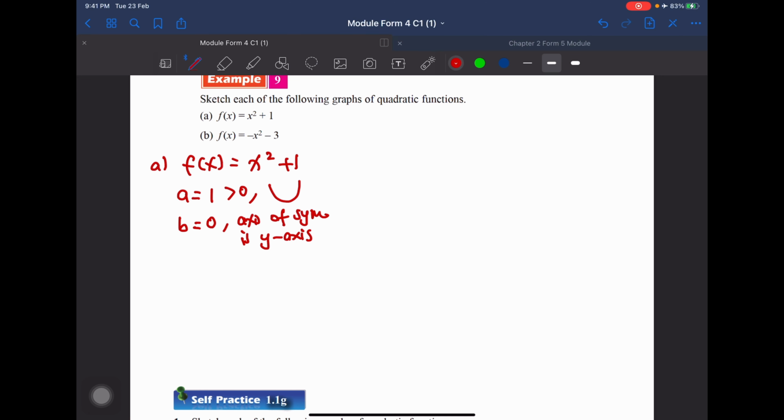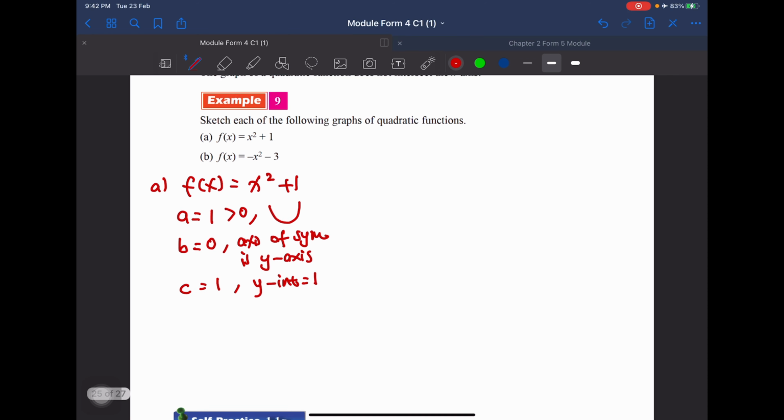Then kita tengok c. c is equal to 1, so the y-intercept is equal to 1. So ini memberi maksud the minimum point, because dia tak intersect kan.